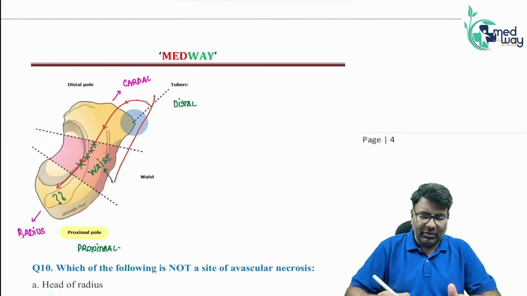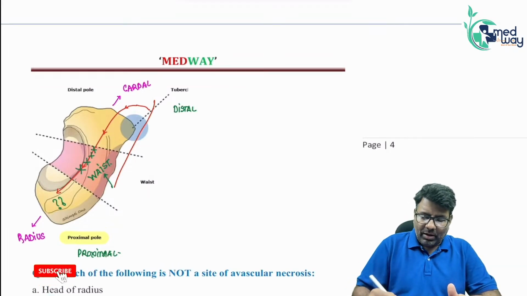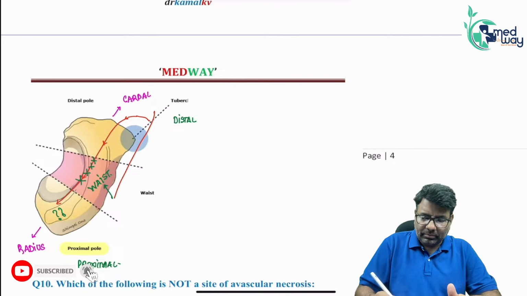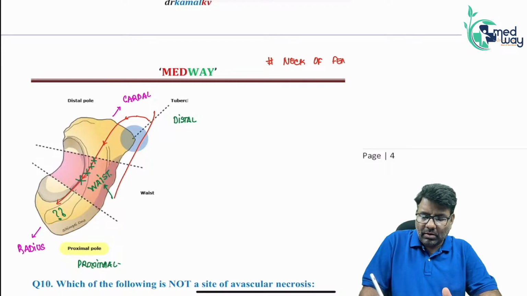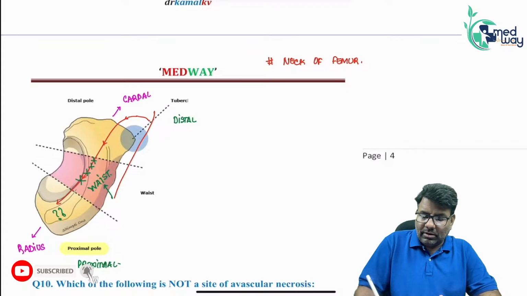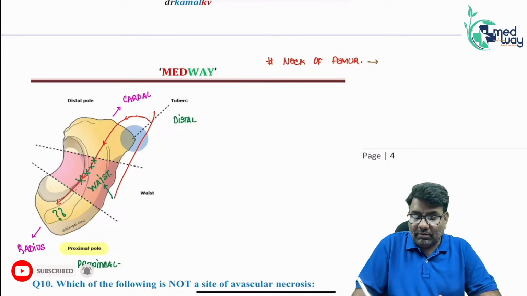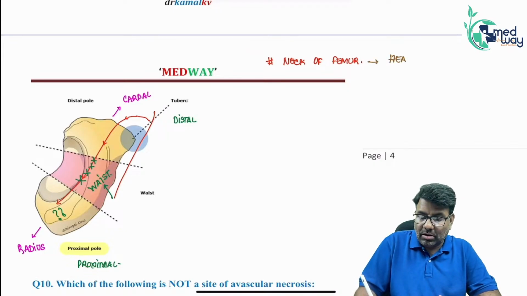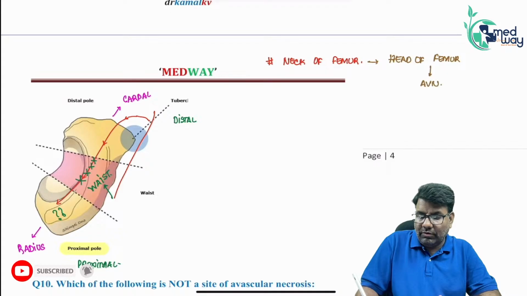It is only the proximal part which is highly susceptible for AVN, right? Similarly, in cases of, say, fracture neck of femur, it is the head of femur which will undergo AVN.